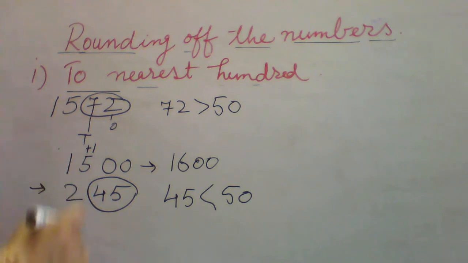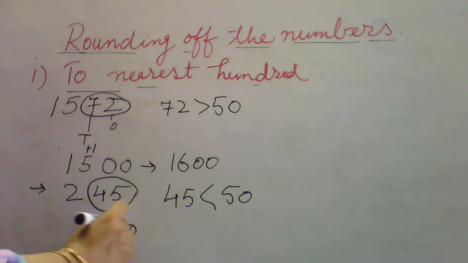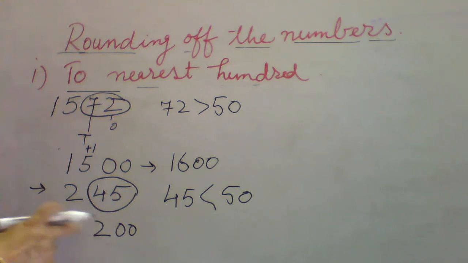So in place of 4 and 5, we will write 0, but we will not increase 2 by any number. We will not add 1 to 2, it will remain 2, and the number 245 is rounded as 200.